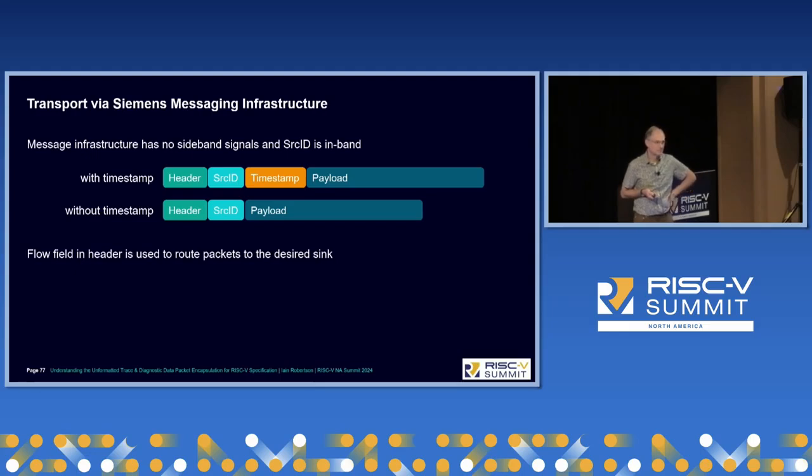Requiring the length in the header, doesn't that put a burden on the hardware to have to know the size of every packet before it can create the packet? Yes, it does, but it also gives the hardware the capability to maximally compress that packet.